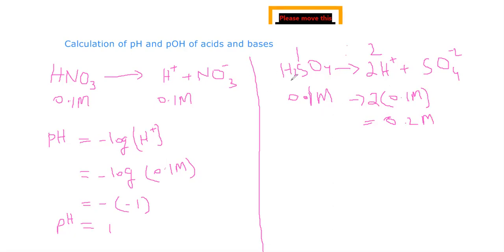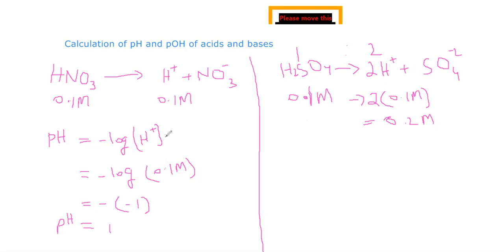This is important here. If there is an acid like sulfuric acid, to calculate the pH you first have to consider the total molar concentration of the hydrogen ions, and in this case it will be double the acid concentration, because this acid releases two hydrogen ions.